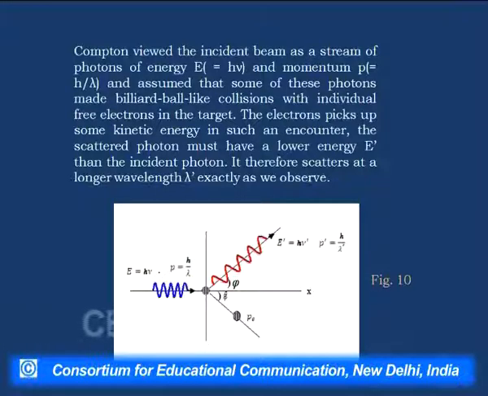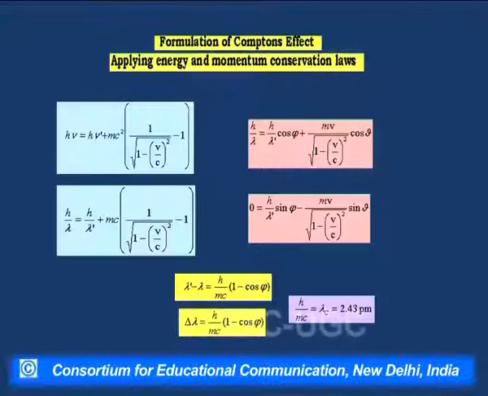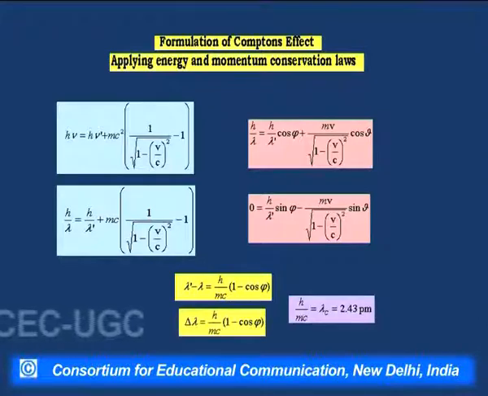So on the x axis, p dash cos phi plus p e cos theta, where theta is the angle between the incident direction and the motion of the electron. And in the y direction, because initially the momentum is in the x direction, we write 0, and we write the vertical components, positive on the upper side and negative on the lower side.